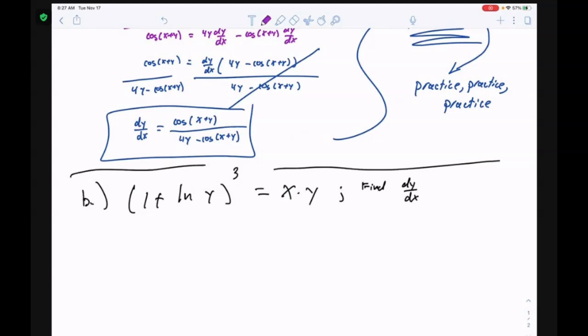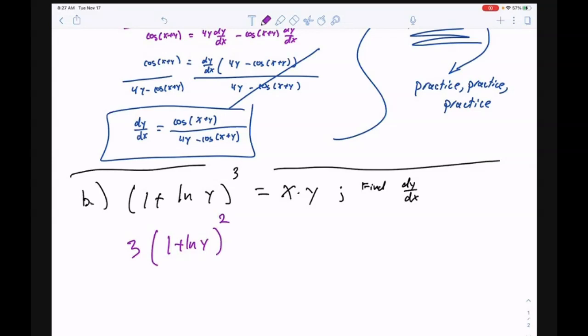The first part of this problem has nothing new; it doesn't even deal with the natural log of y. Okay, what do we get? 3, and leave the baby alone, to the second power. There you go. So that is the chain rule part.